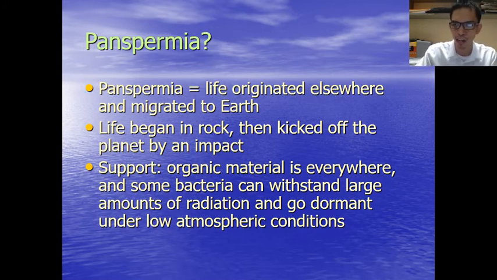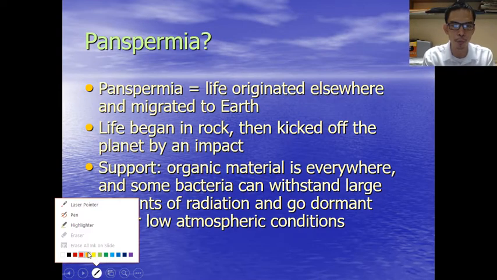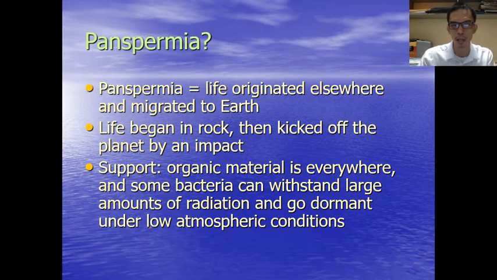So, what is the extraterrestrial origin? It may come from asteroids, it may come from comets, or from a planet colliding with our planet. So life began in rock and was kicked off the planet by an impact. What are the supporting statements under this idea?